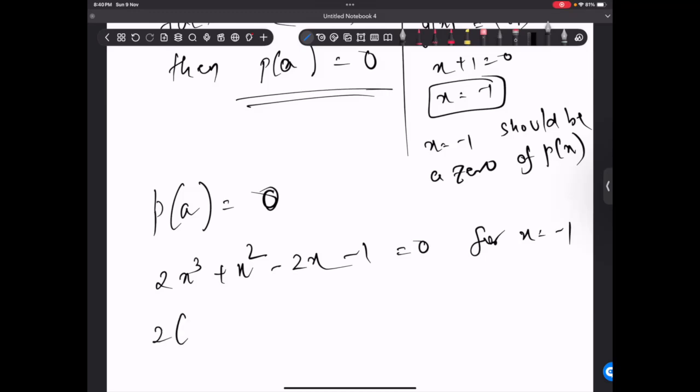So let's substitute: 2 into minus 1 cube plus minus 1 square minus 2 into minus 1 should be equal to 0. Let's see.